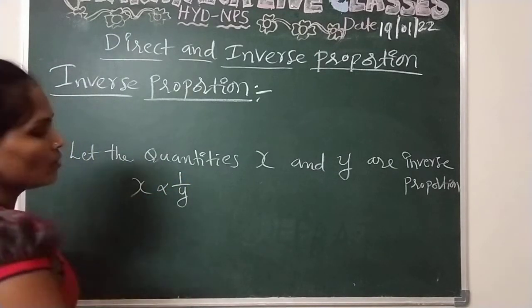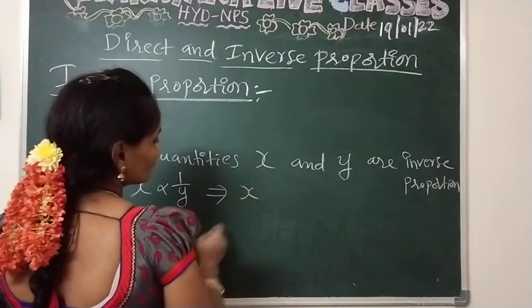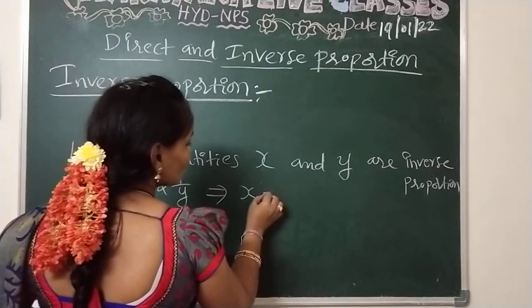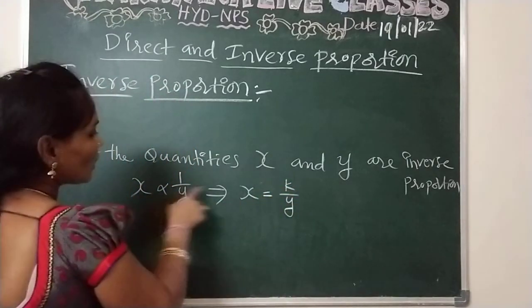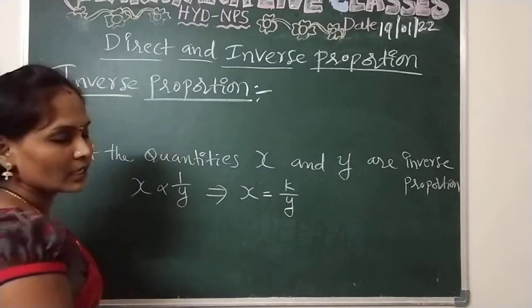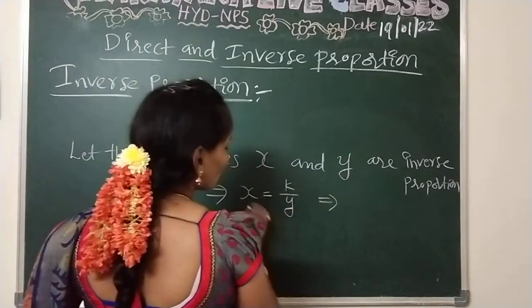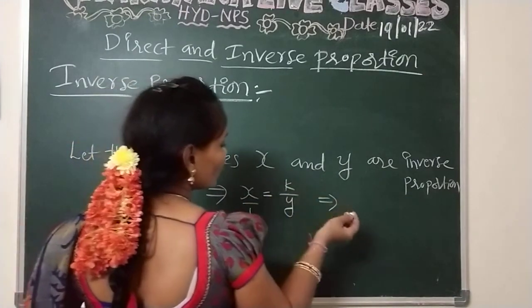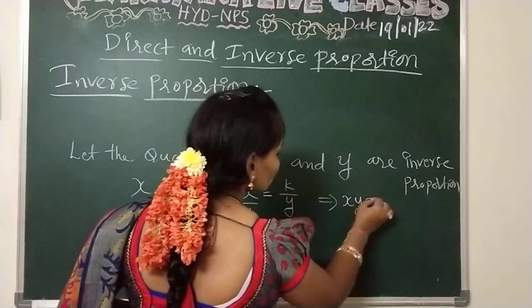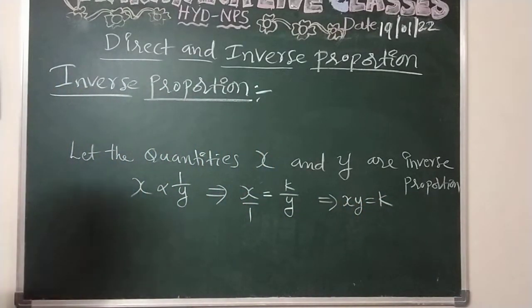If you remove the proportional symbol, then it becomes x is equal to k by y, where k is the proportionality constant. Now, doing the cross multiplication, xy is equal to 1 into k. So xy is equal to k.